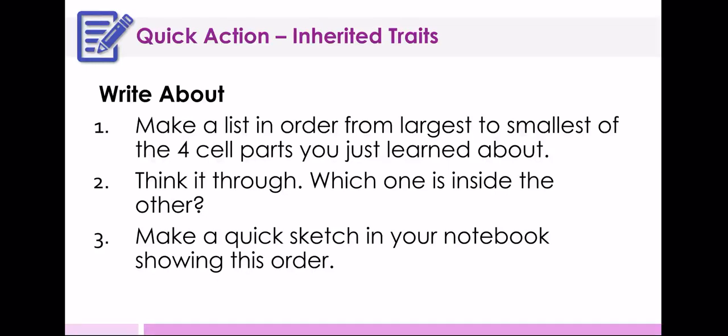And then 3, make a quick sketch in your notebook or on your piece of paper showing this order that the 4 cell parts go in. And I'll give you a little bit of time to work through that, but if you need more, just hit pause right here and come back when you're ready. All right, we're going to move on. If you need more time, just go ahead and hit pause.